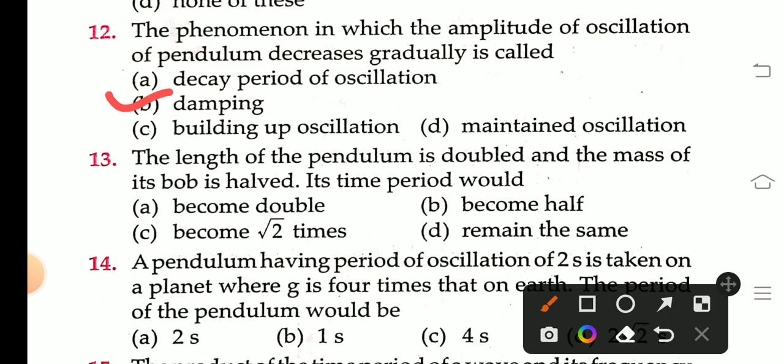Next, the length of the pendulum is doubled and the mass of its bob is held. Its time period would. Right answer will be option C. Become root 2 times.